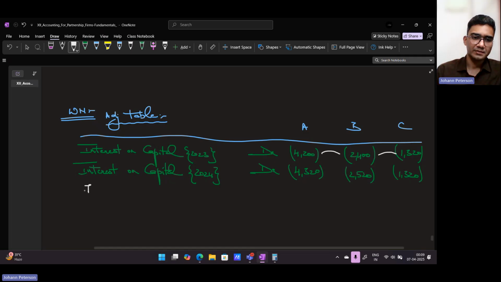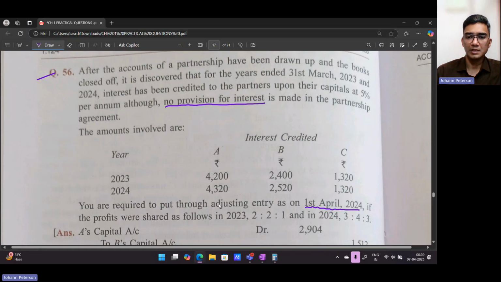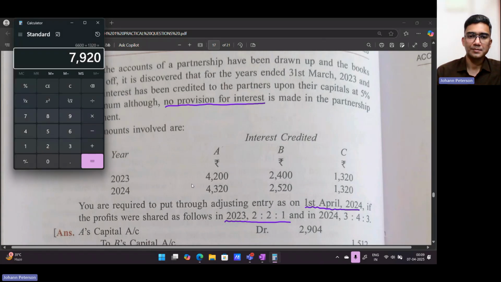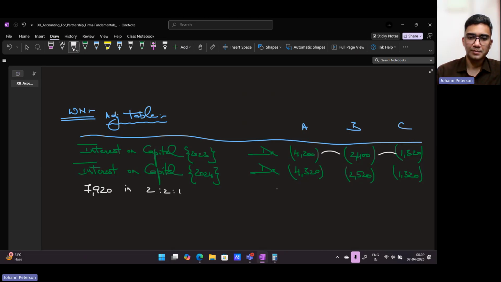So first we will write 7920 in which ratio we will take it on the first year. So in 23, it is 2 is to 2 is to 1. Since we are doing credit in this case, so this will be a plus sign.